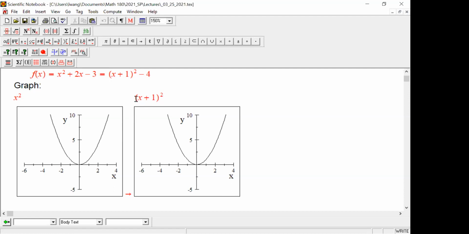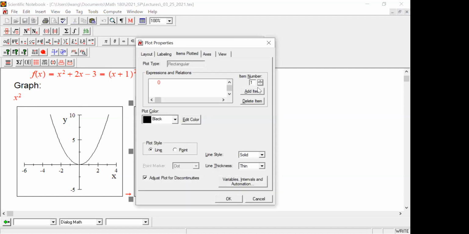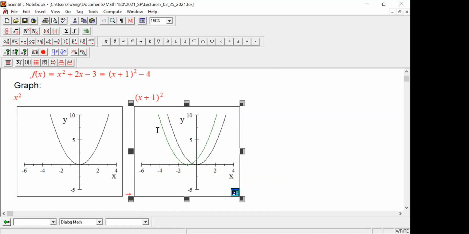So we first graph x squared, and then we graph x plus 1 squared. That is a shift. Is it left or right? To the left. That's right. To the left by how many units? 1 unit. And then minus 4.